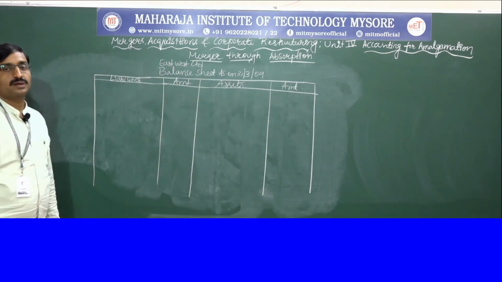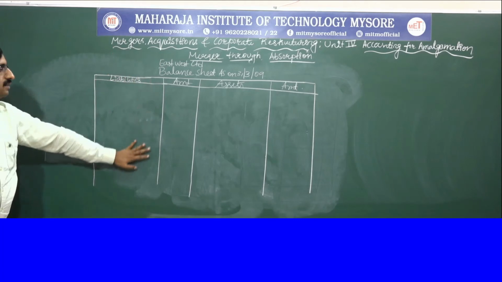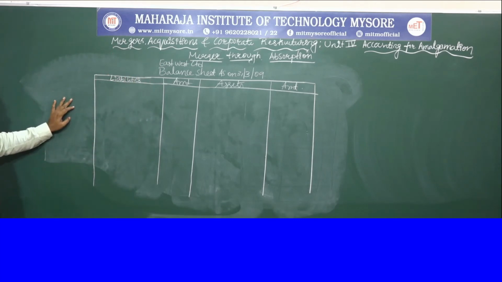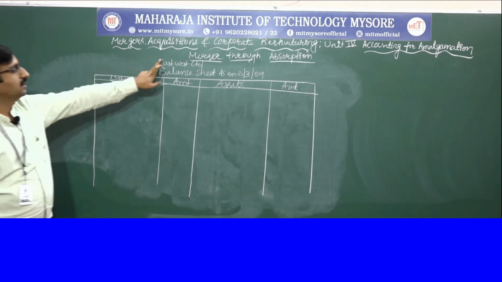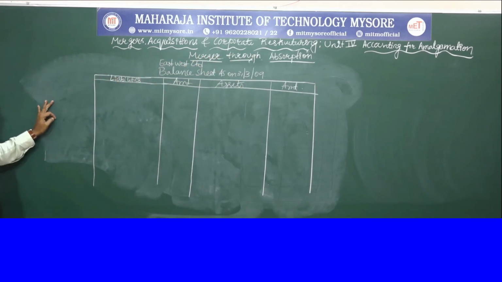This is the problem they have given. So we have to prepare the balance sheet for East-West together, that is in terms of absorption, merger through absorption.